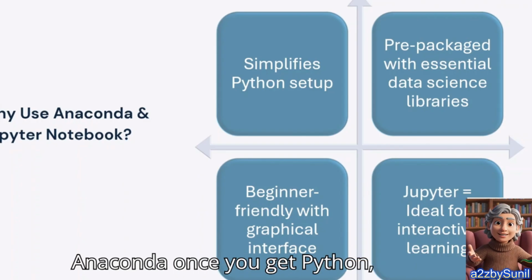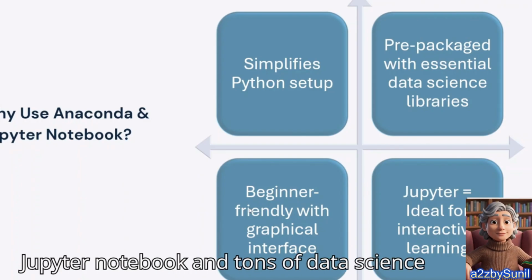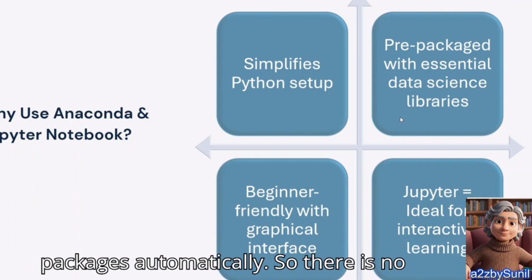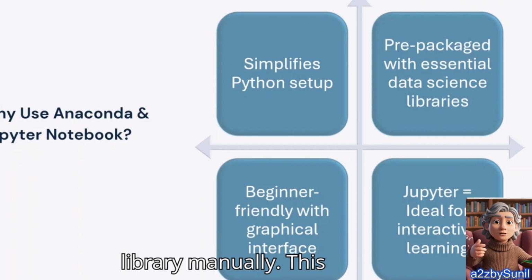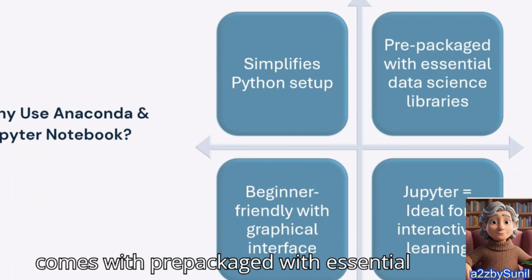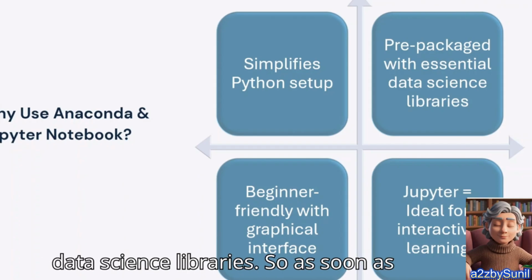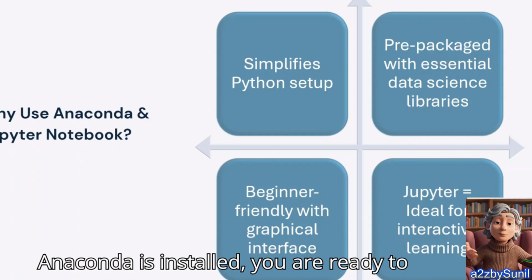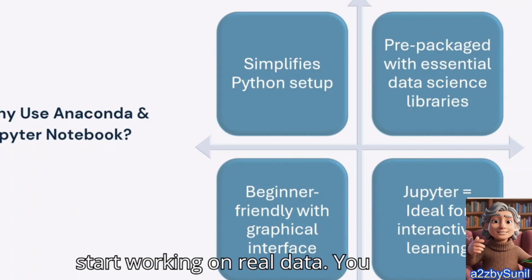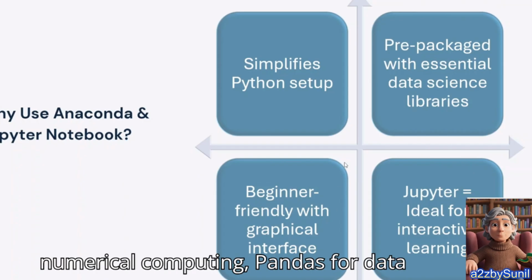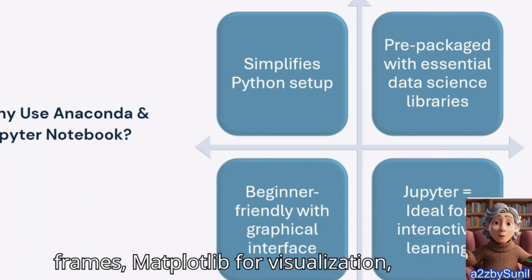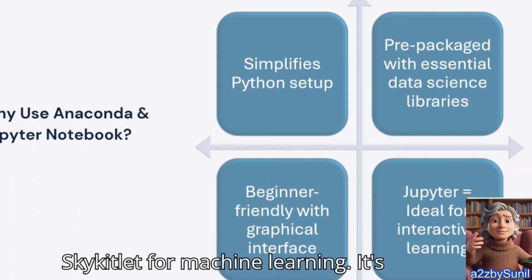Just install Anaconda once, and you get Python, Jupyter Notebook, and tons of data science packages automatically. There is no need to worry about installing each library manually. It comes pre-packaged with essential data science libraries, so as soon as Anaconda is installed, you're ready to start working on real data. You don't need to install NumPy for numerical computing, Pandas for data frames, Matplotlib for visualization, or Scikit-learn for machine learning.